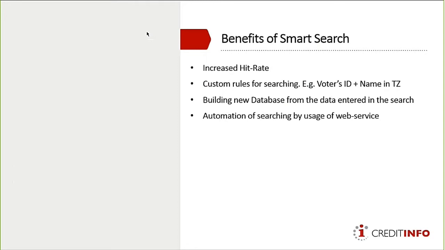For example, in Tanzania we are using different rules, using the name, date of birth and the phone number. So we are configuring rules for the institution, for the system, and finally it gives us a unique hit.